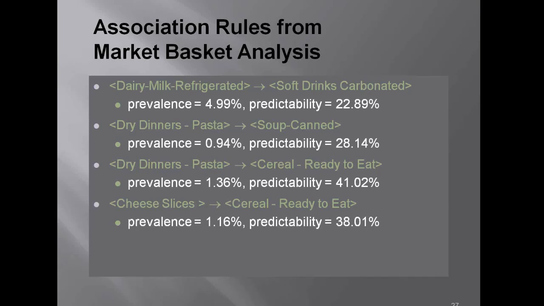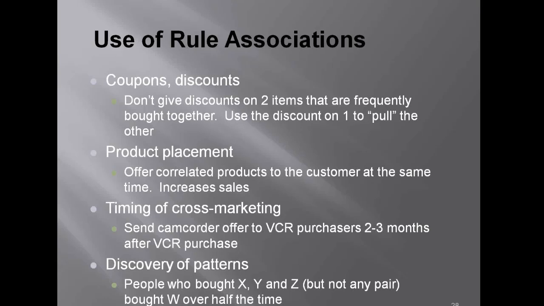Let's say pasta and then ready-to-eat cereal, or cheese slice and ready-to-eat cereal. Again, we're going to apply the prevalence. How prevalent is the right-hand side as it relates to the left-hand side, and how predictable are they? Why would we do this?